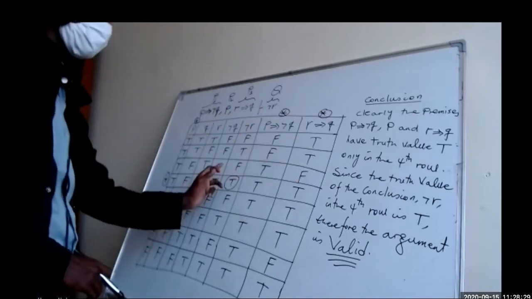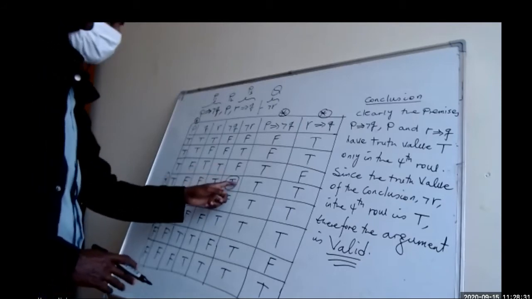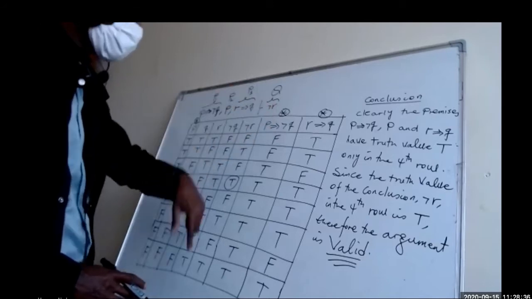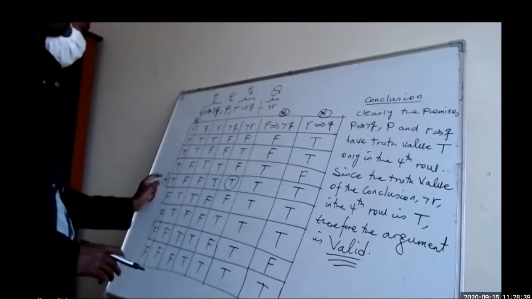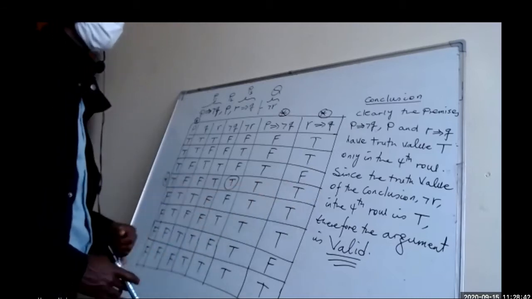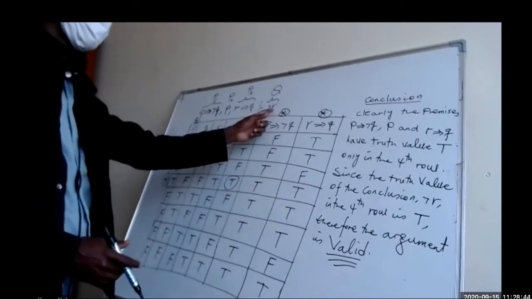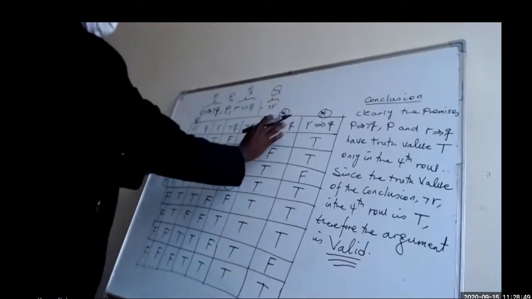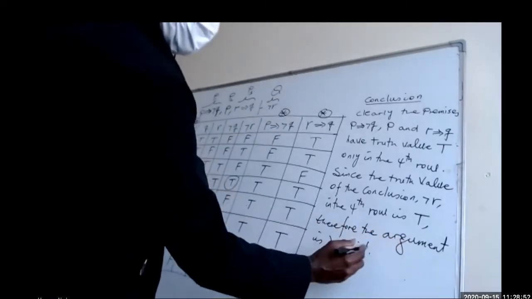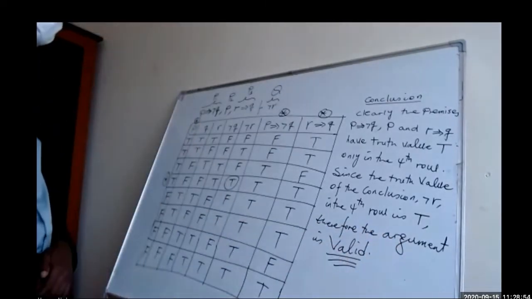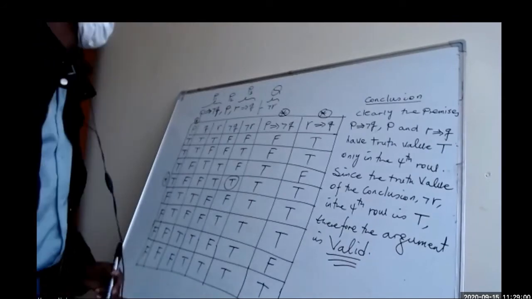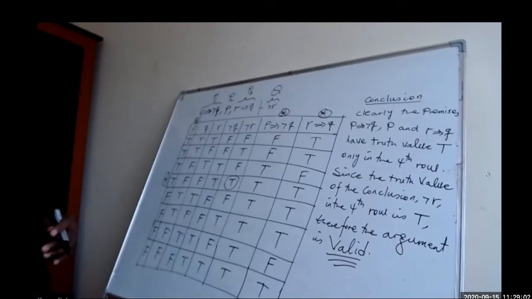So you have to circle this one because this truth value is the truth value of the conclusion at which the premises have truth value all true. Therefore, we have got the conclusion truth value is true, and hence the argument, the logical deduction is valid. So this is the second example, and let's go to the third example.